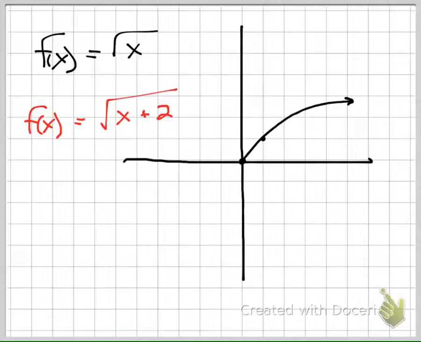Remember, if it's out here, not inside the square root symbol, then that's up and down. That's the y-intercept. The y-intercept's always out there by itself, right? If it's inside, though, it's going to do the opposite. Now we're talking about left and right. So instead of plus 2 meaning to the right 2, since it's inside the square root symbol, we're going left 2. So this one would simply be like this.